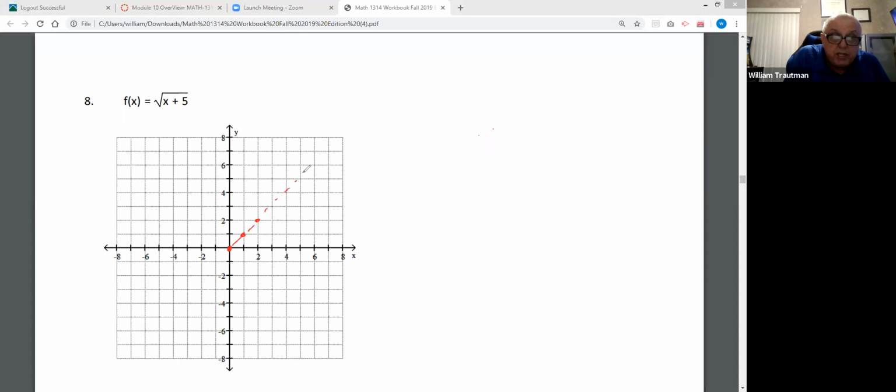This is the y equals x line. Now, first, I want to graph the square root function.